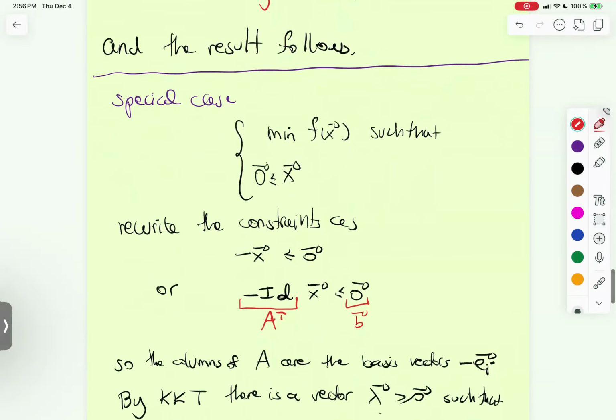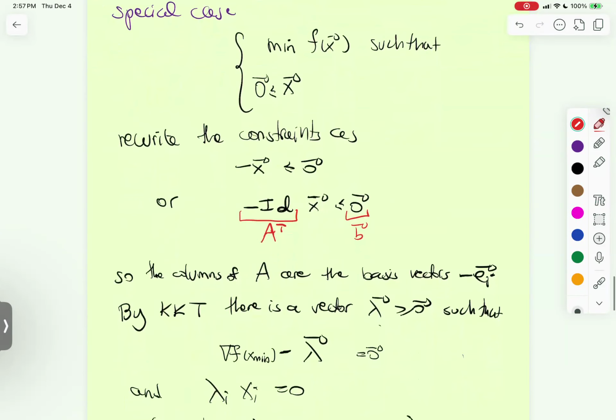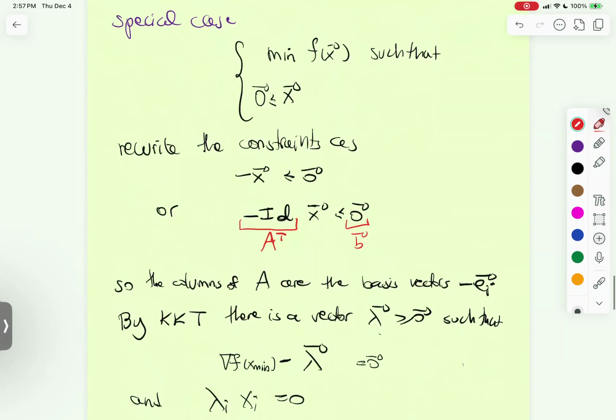And the columns of the identity matrix are just the basic vectors, the canonical basis i, j, k, or the generalizations of those. So the KKT conditions say that you can find a vector of Lagrange multipliers, lambda, one for each inequality, with each entry being non-negative.